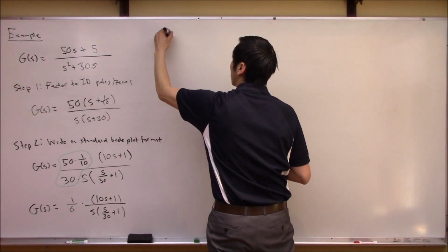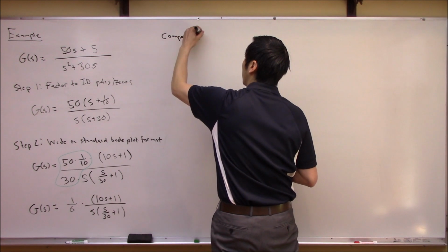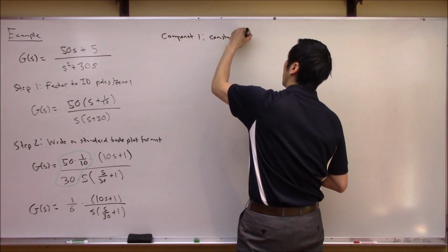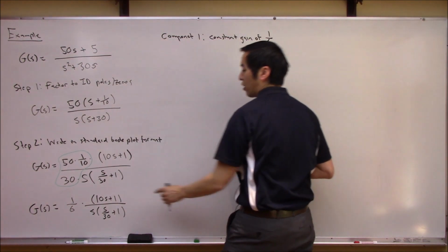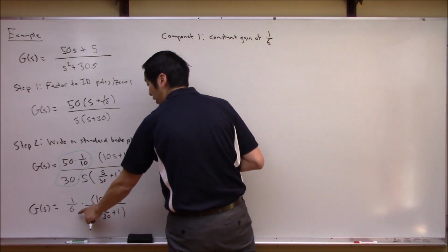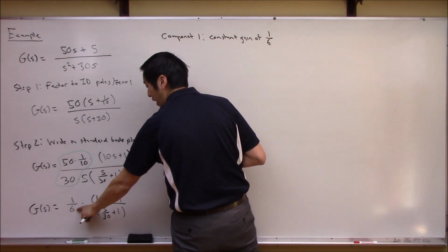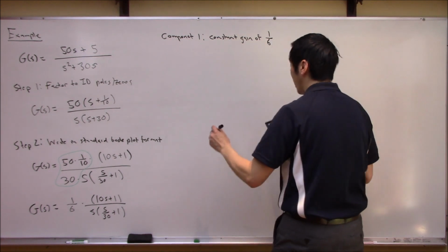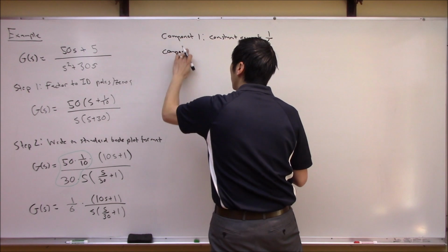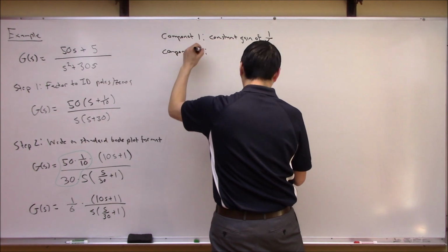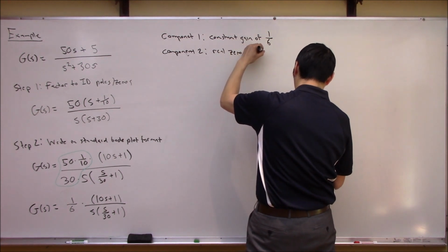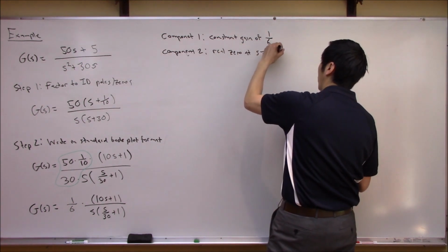Component 1 is a constant gain of 1/6. It is not a constant gain of 50 that you might just think of when you look at the transfer function. We had to go through the standard Bode plot format to see that it's actually a constant gain of 1/6. Okay, what else is this made up of? Component 2 is a real zero at s equals minus 0.1, or minus 1/10.